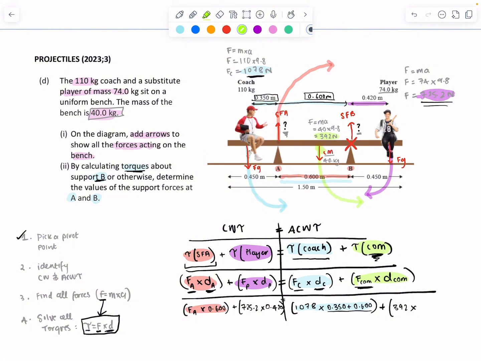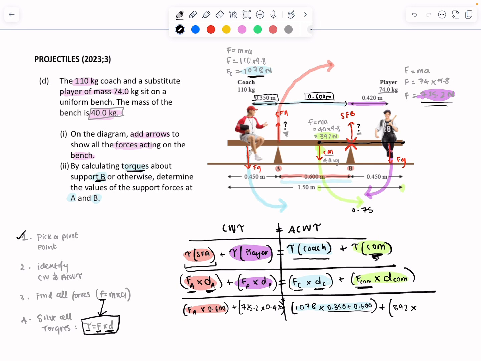So from the center point to the end of the plank, if we do 1.50 divided by 2, we can find that the half length of this plank is going to be 0.75 meters, right? So we know that this length over here is 0.75. I've just drawn this line in black.